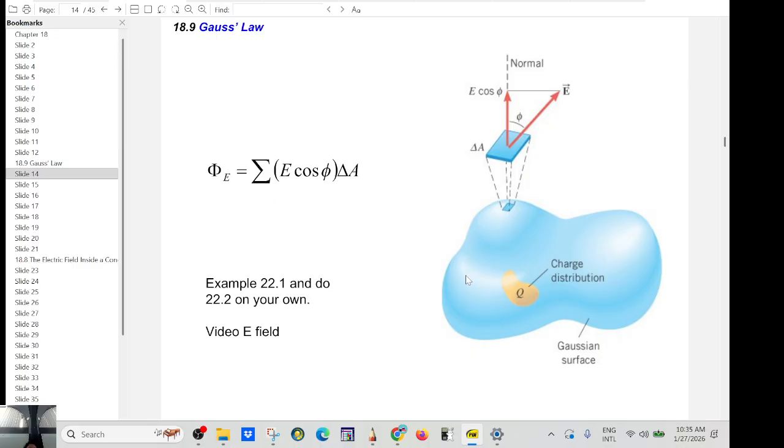Okay, so then if you want to do the calculus, you don't have to take a nicely shaped surface. It can be weird, it can be an imaginary surface. But then you have to use calculus. You have to divide your surface area into small elements like scales and find the component of E parallel to the normal.